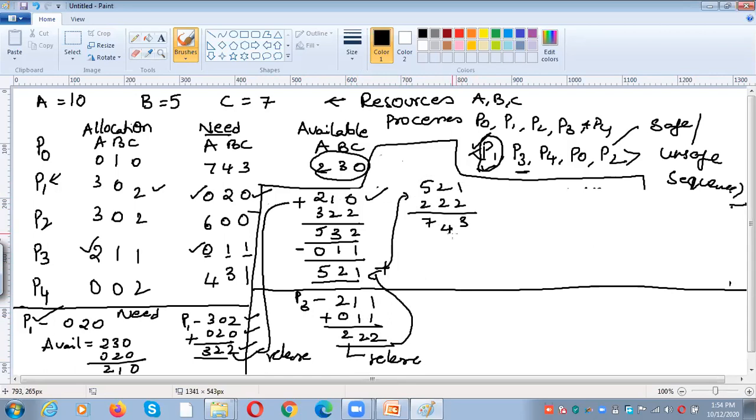So now 7 4 3 are available. Okay. P1 completes the task successfully and P3 completes its task successfully.